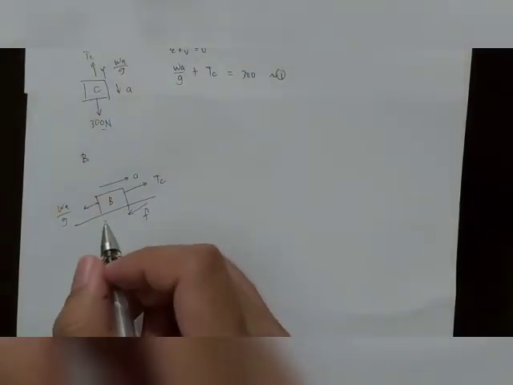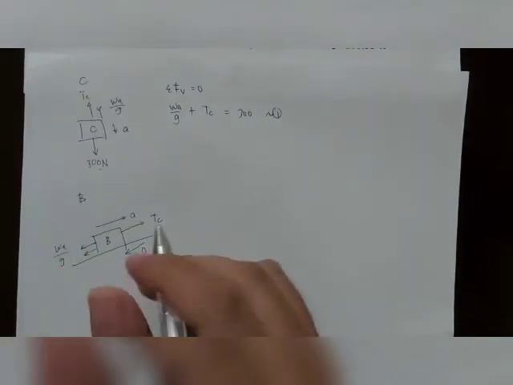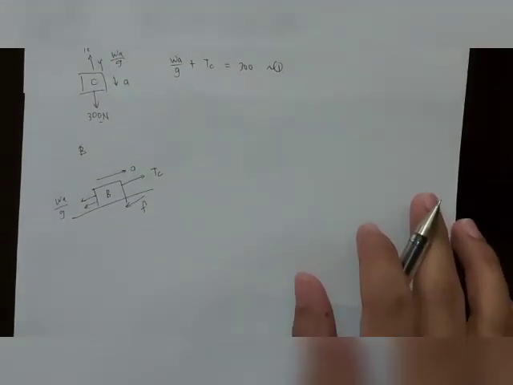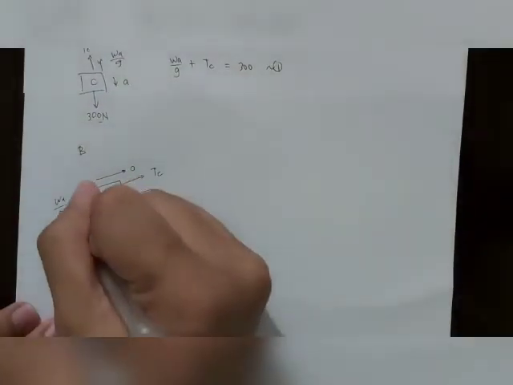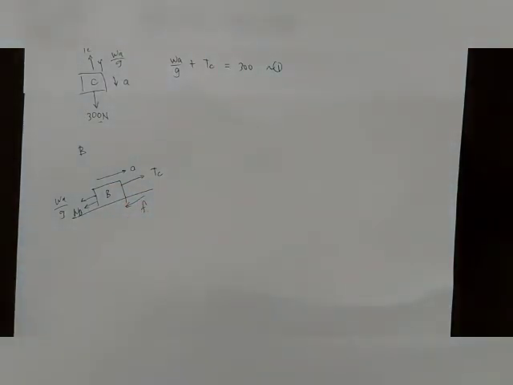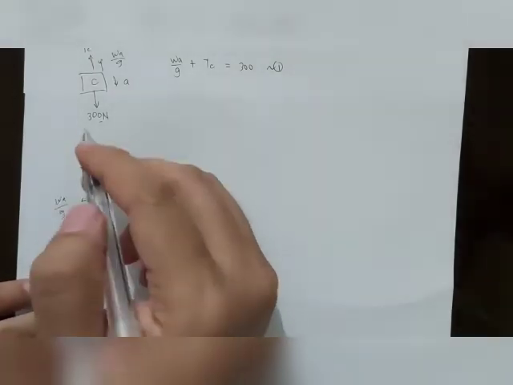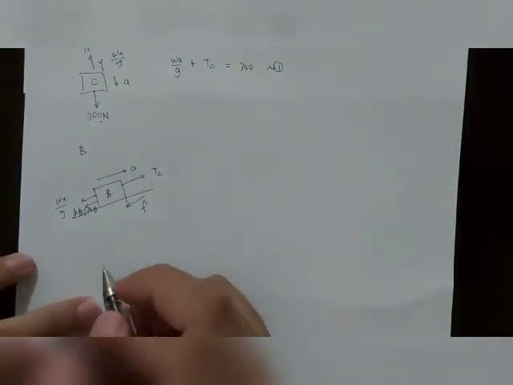Then we have the weight. So the weight of B is W sub B sine theta, since it is a component of the 100. Okay.